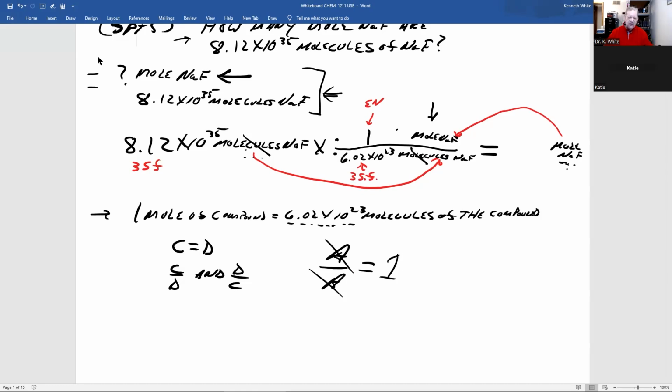And what that means is, I can pick up my calculator now, turn it on, clear it. 8.12, blue double E, 35 divided by 6.02, blue double E, 23.